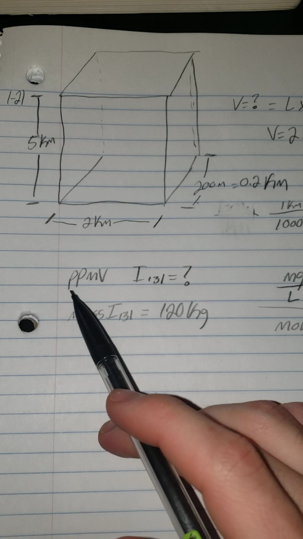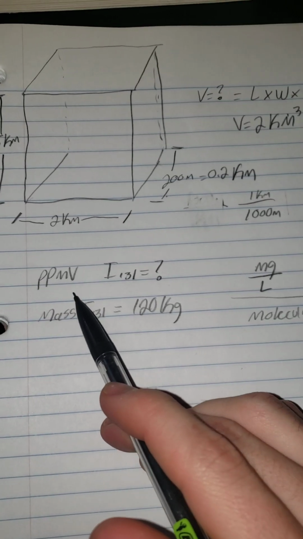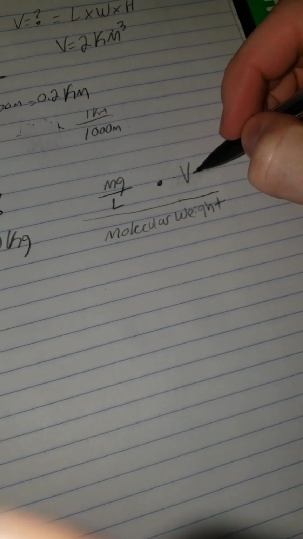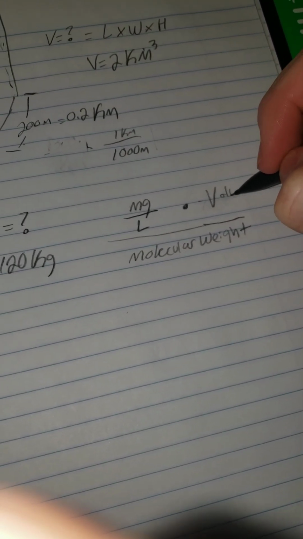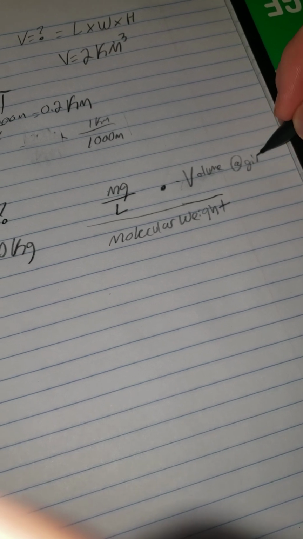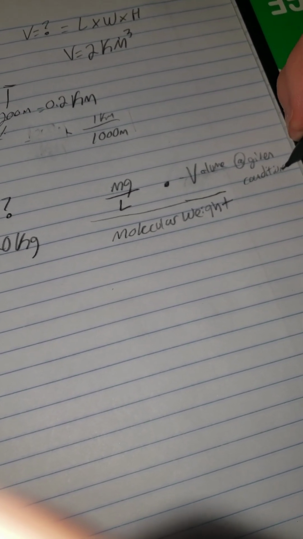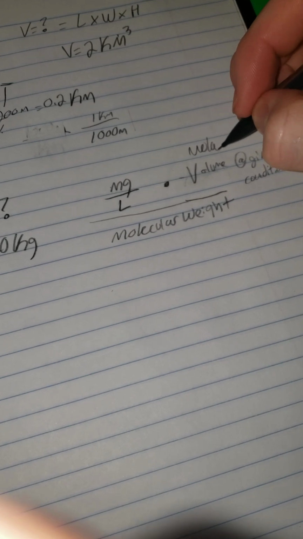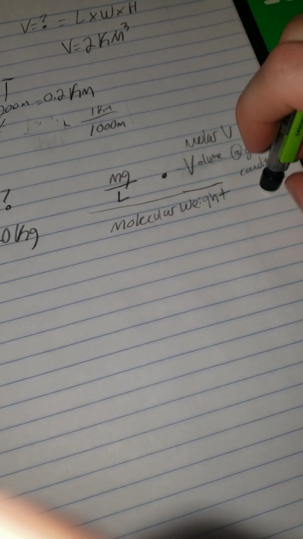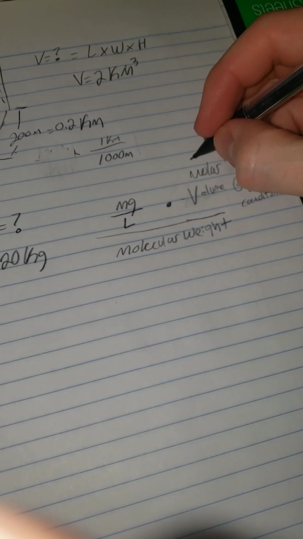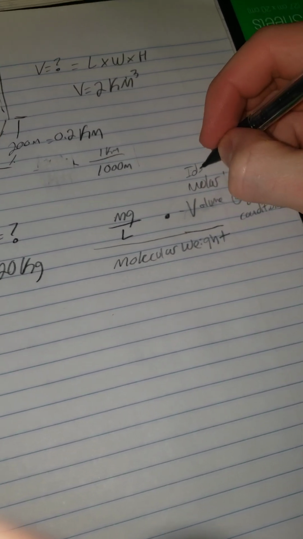parts per million volume times the volume at given conditions, the molar volume. Ideal.